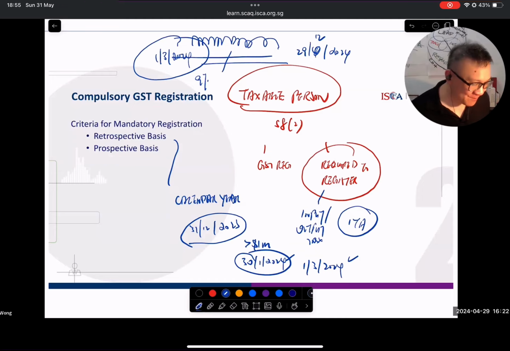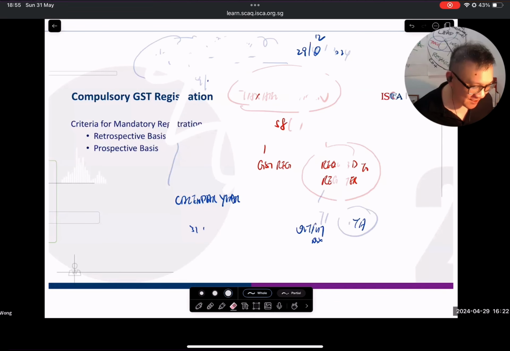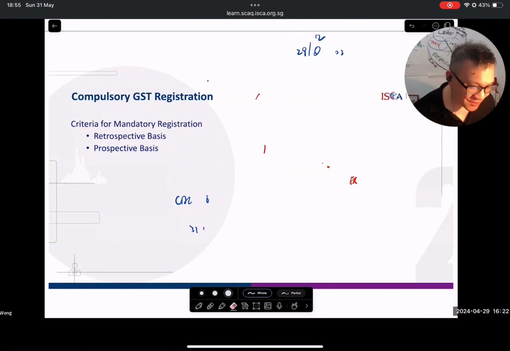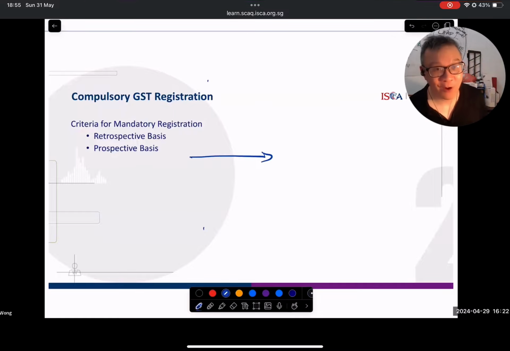Okay, so how about prospective? So let me clean this up first so that we can talk about the prospective GST registration basis. Prospective is a bit different because a prospective basis is a forward-looking basis.